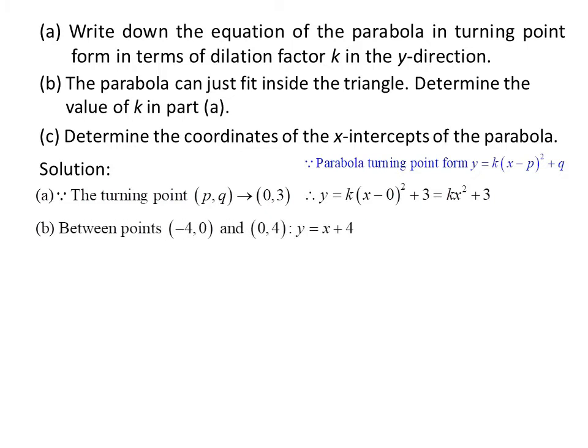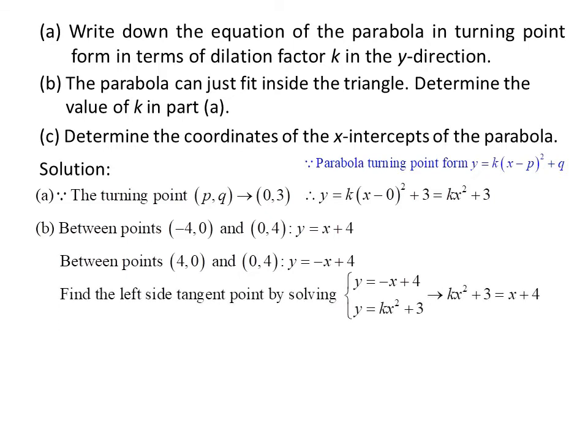As for question B, the tangent line equation connecting the points (-4, 0) and (0, 4) is y equals x plus 4, while the tangent line equation connecting the points (4, 0) and (0, 4) is y equals -x plus 4. This is quite easy to figure out, because the gradients of these 2 lines are 1 and -1, and both of their y-intercepts are 4. You may go back and see the diagram if you need.